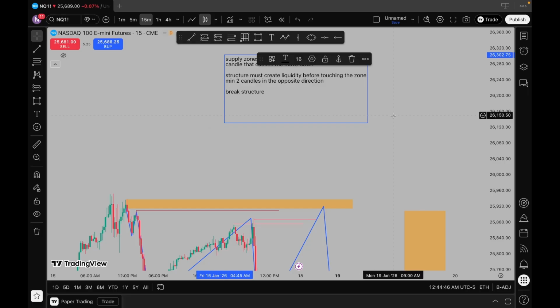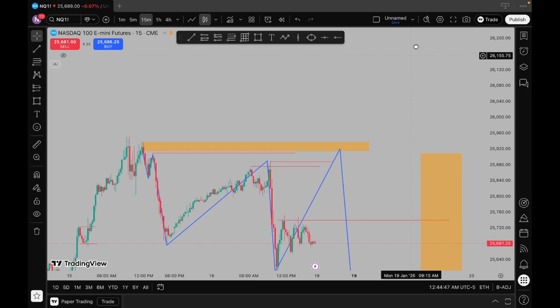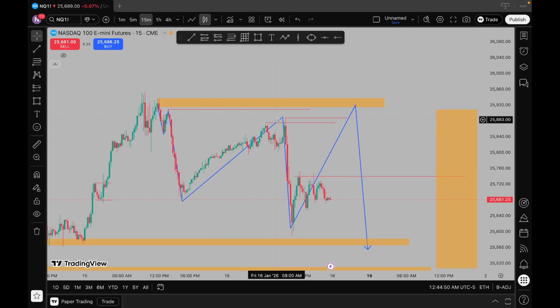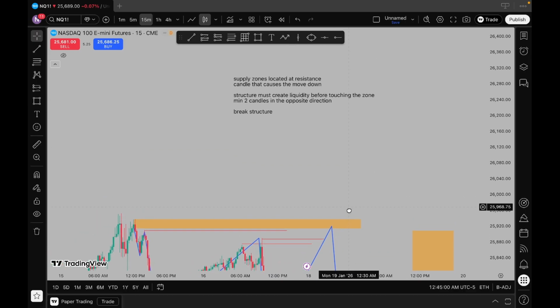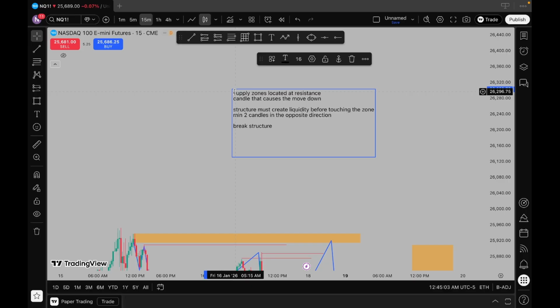So it would still have to do exactly what it does, right? It still has to create liquidity, it still has to break structure, and it still has to close outside of the zone. But with the 15-minute chart, because it's a higher time frame now, you have to follow the trend. You cannot take a counter trend trade on the 15-minute chart.